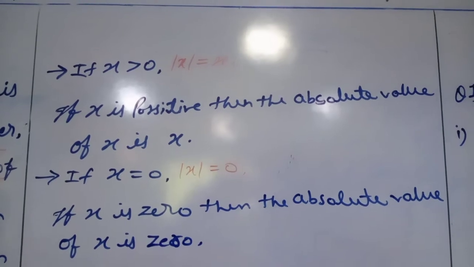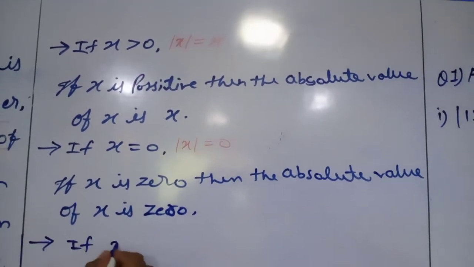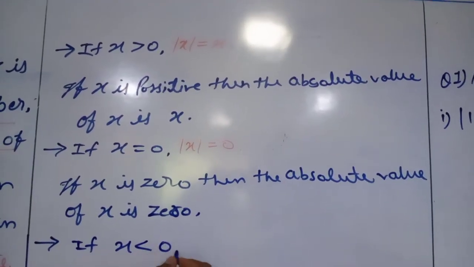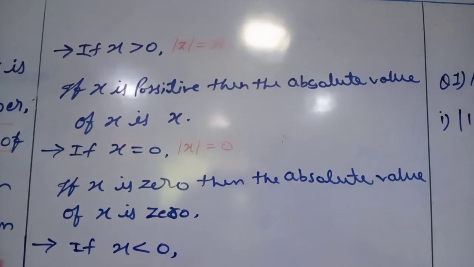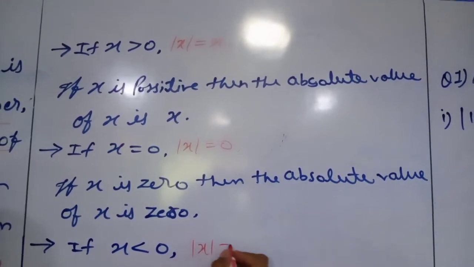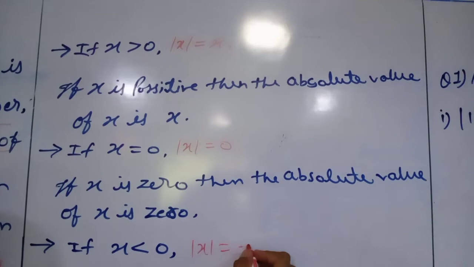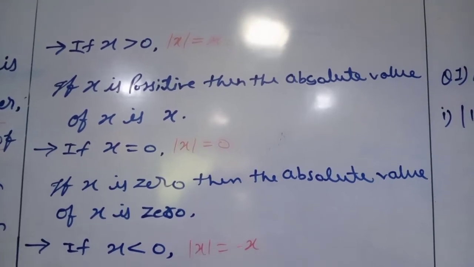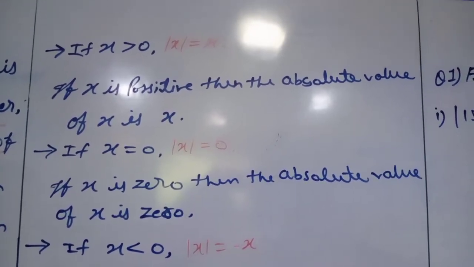Then the third one, if x is less than 0, then the absolute value of x is minus x. How could that happen?